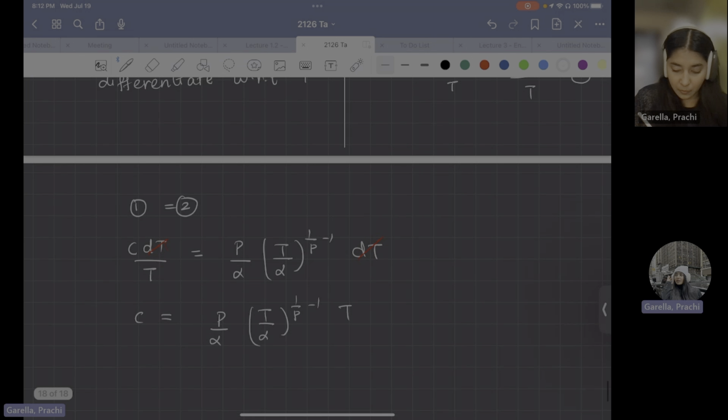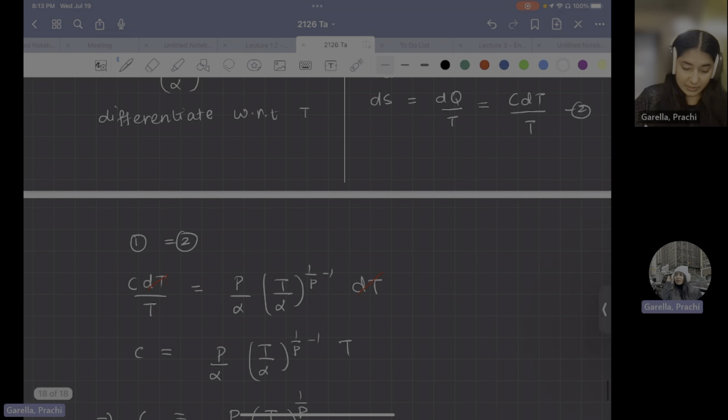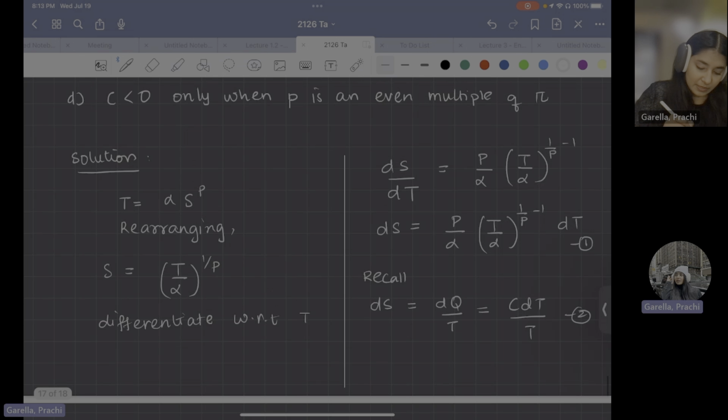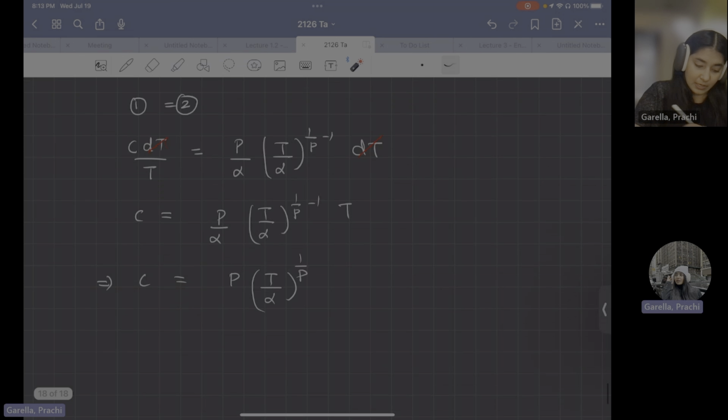So now we have 1 over P minus 1 plus 1 power of T, right? So we can write this as P times T over alpha to the power 1 over P. And from before, we know what this is. So this is our entropy.